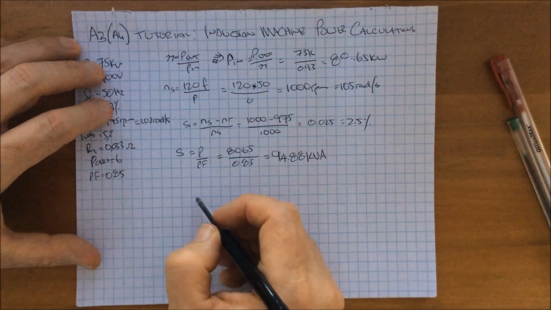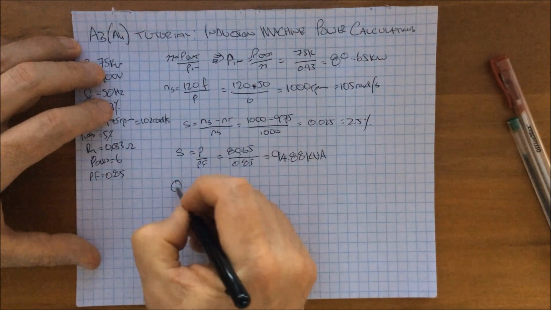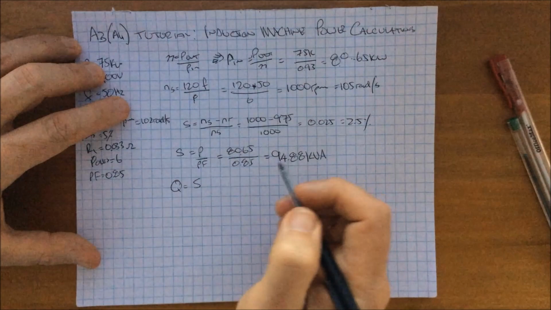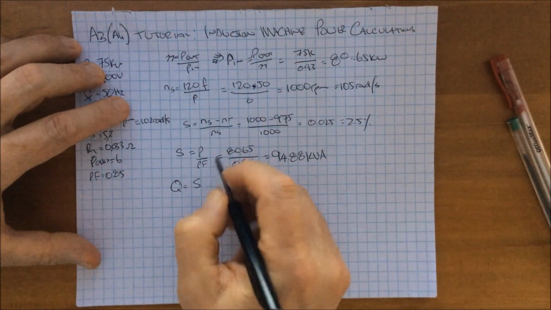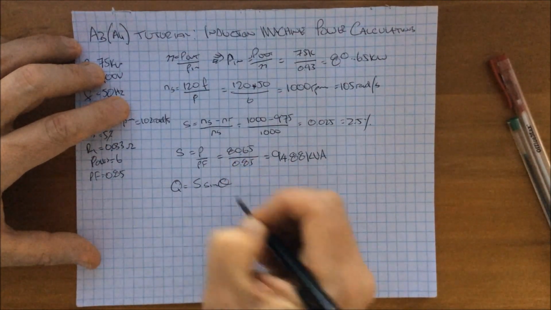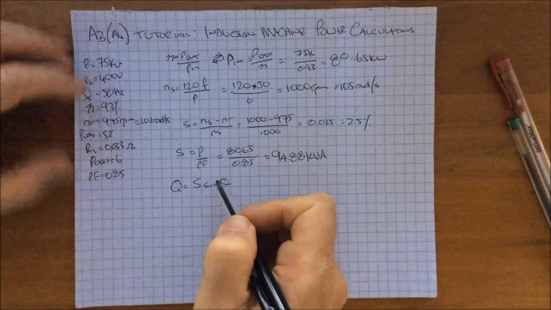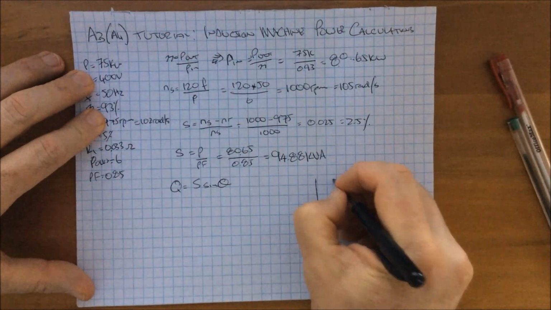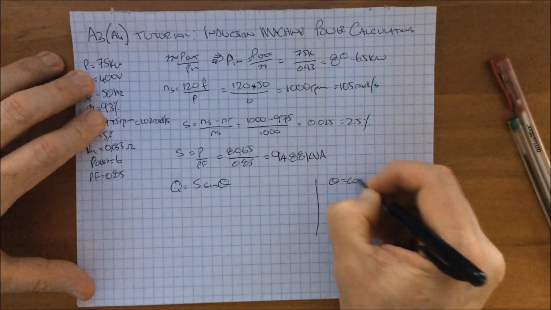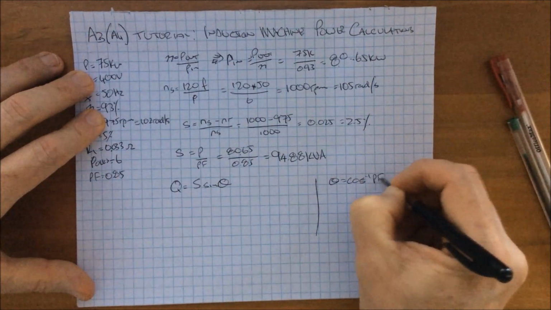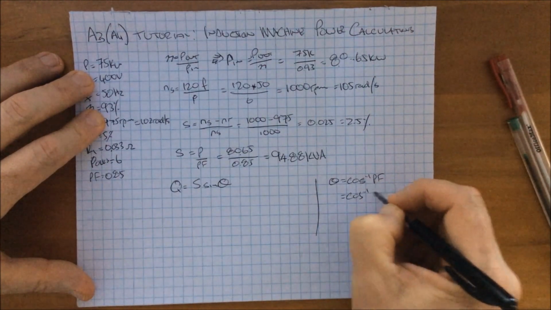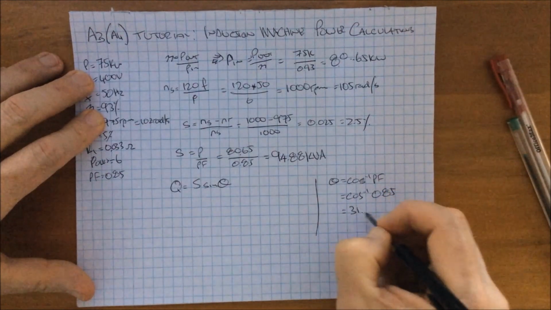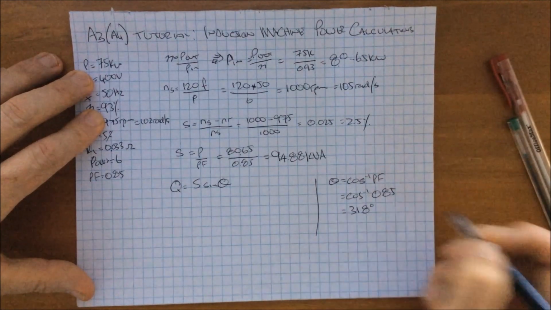We can go through and solve for Q. The Q of this machine is the apparent power times the sine of the angle. We don't know what the angle is yet, but we do have the power factor, so we can take a slight detour over here. We know that the angle is the inverse cosine of the power factor, cos⁻¹ 0.85, and that gives us 31.8 degrees.